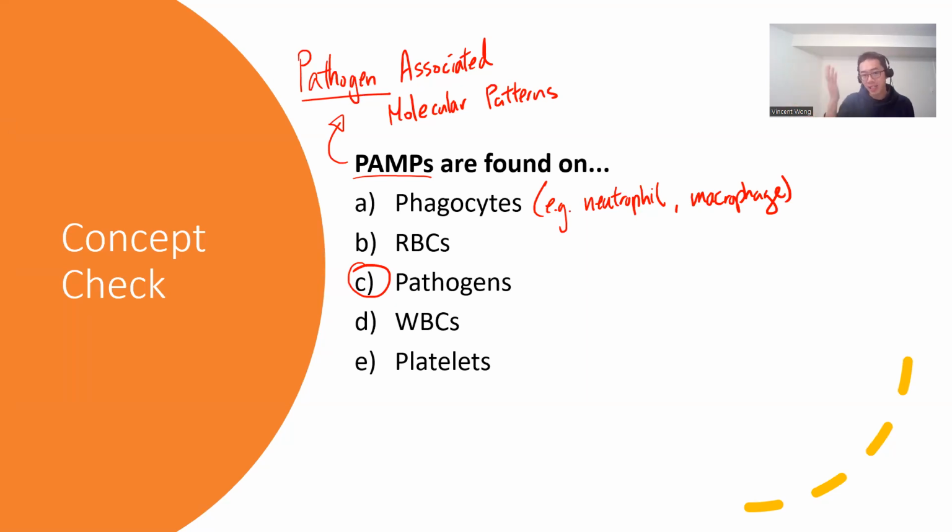And when the white cell sees these dangerous molecules, they know to attack it. They know to eat it up. Okay, so PAMs are on the pathogens. They are markers for white cells to identify and to destroy.